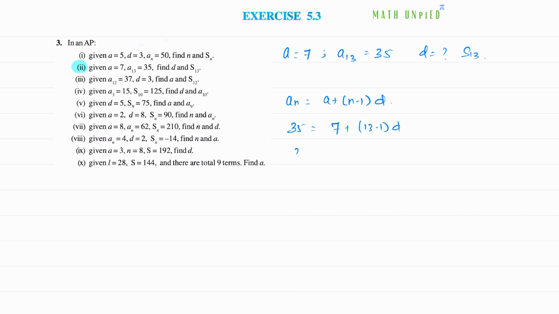So this is 35 minus 7 equals 12d. This is 28 equals 12d, or d equals 28 over 12, 14 over 6, or 7 over 3. So common difference d equals 7 over 3.